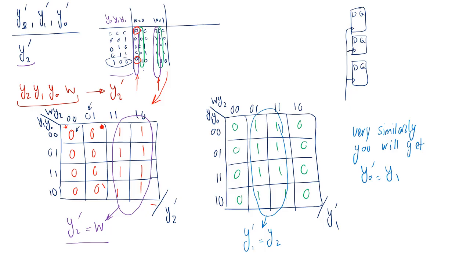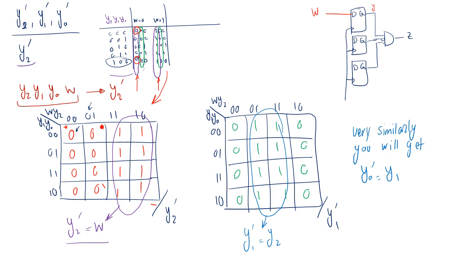And looking at the output, we did it before, so this was Z. And now I know that the input goes simply to Y2 prime, so this is W.